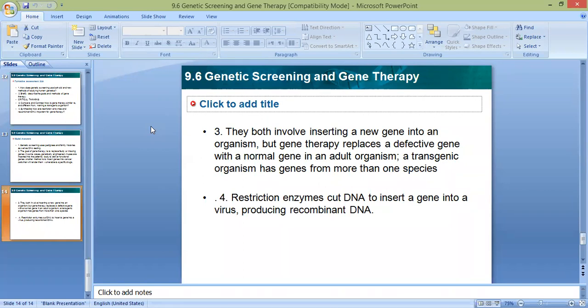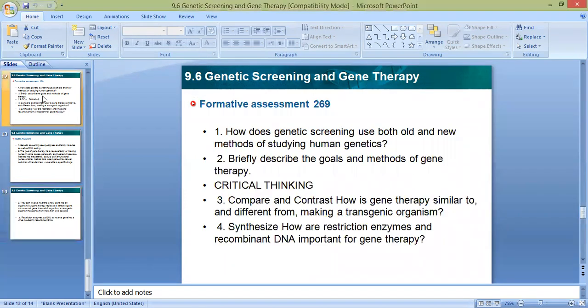Clear. Does anyone have a question on this question? No, I don't. Okay, last question now. Synthesize how restriction enzymes and recombinant DNA are important for gene therapy. I will read this answer. As we said, how are restriction enzymes and recombinant DNA important? Of course, to insert a new gene I need a restriction enzyme, right?